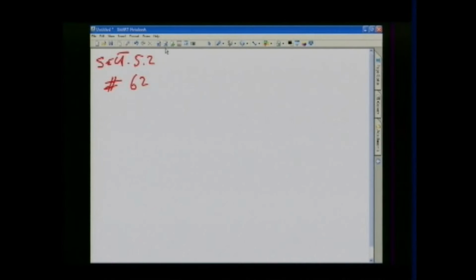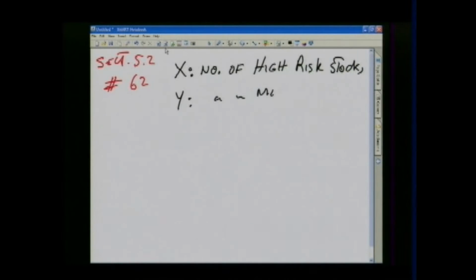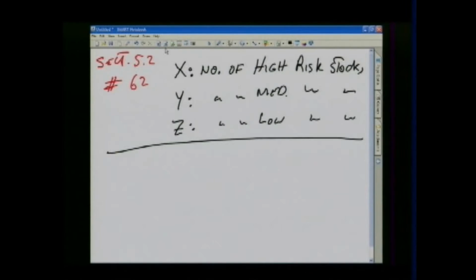So first thing, we're going to define variable x as number of high risk stock, y as number of medium risk stock, and z as number of low risk stocks. These are the variables. So 3 variables we need to solve for, therefore we need 3 equations.